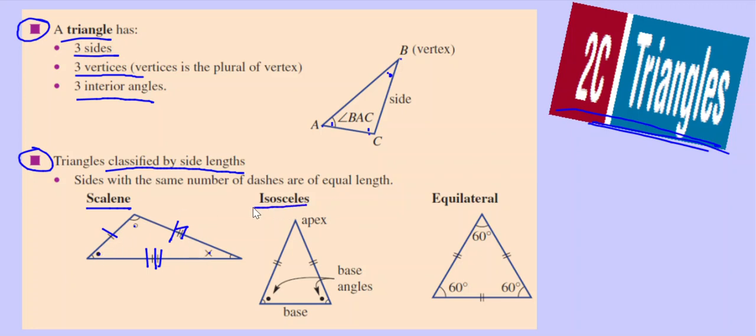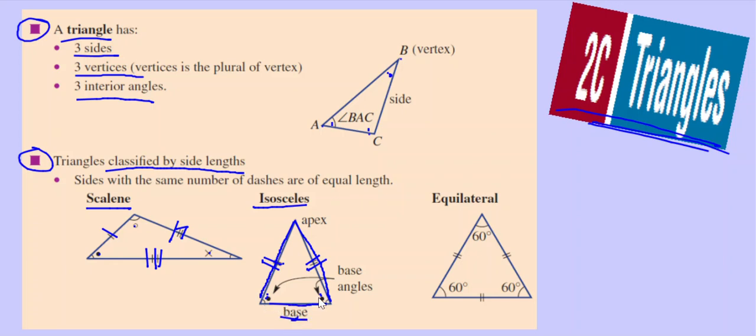An isosceles triangle has two sides that are the same length, identified by these dashes on the sides. We also have two angles at the base of the triangle, the base sitting along the bottom.